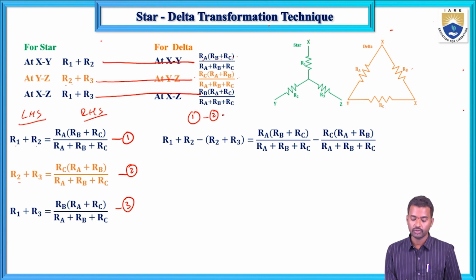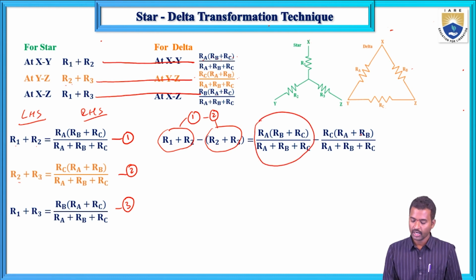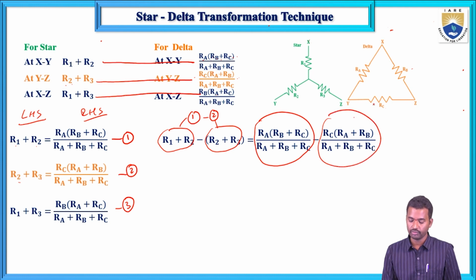Actually, you need to do 1 minus 2 plus 3. So now first 1 minus 2. This is the 1 and this one is the 2, and this is the LHS side of 1 and RHS side of 1, and the LHS side and RHS side of 2.